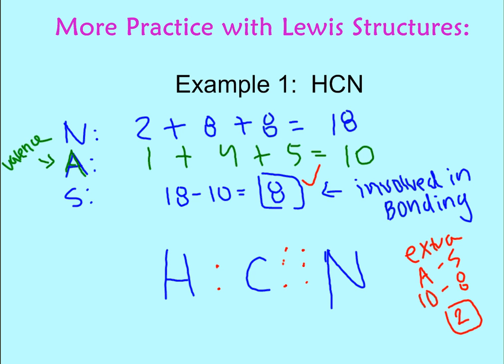But if I look at nitrogen, it only has 1, 2, 3, 4, 5, 6 electrons touching it. So to fulfill the octet, it needs the 2 extra. So this is the structure for cyanic acid. I want you to know where each electron goes.